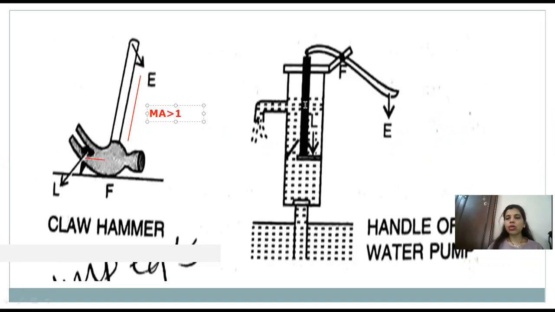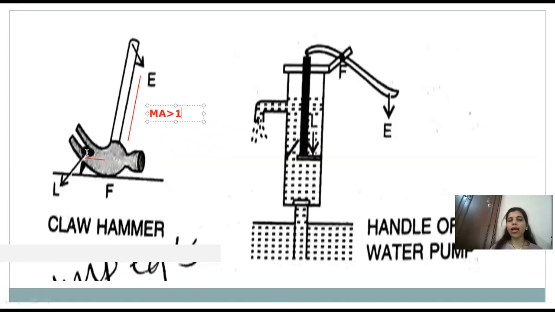Okay, so this is how you have to identify in the lever or the figure which is given to you for the class of lever. They will ask you to identify the class of the lever. They will ask you to mark the position of the fulcrum, effort, and the load. So you will know where you have to mark it.